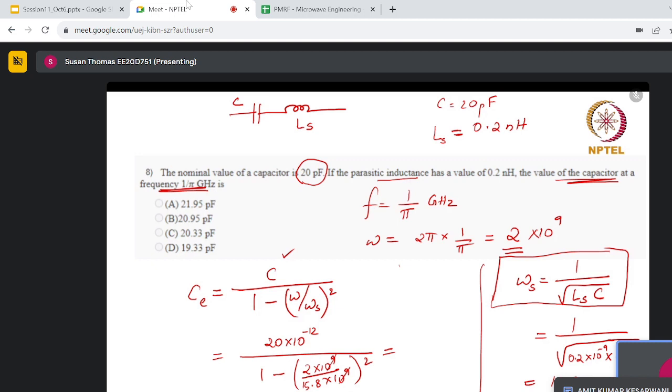Option C. Are you all getting the same? Option C. I request everyone to answer so that we'll be able to clear your doubts.